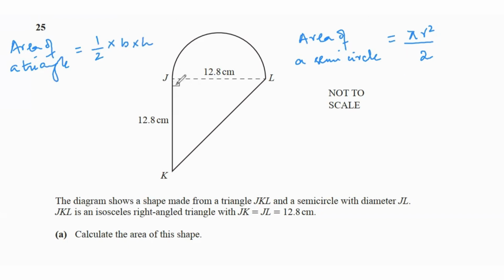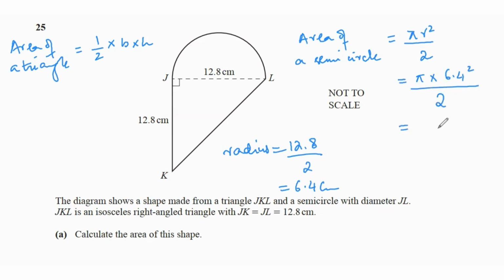So we can see that JL, which is the diameter, is 12.8. So radius is going to be half of the diameter, which is 6.4 centimeters. So we'll do pi times 6.4 centimeter squared divided by 2, which is basically going to give us 64.34 centimeters squared.